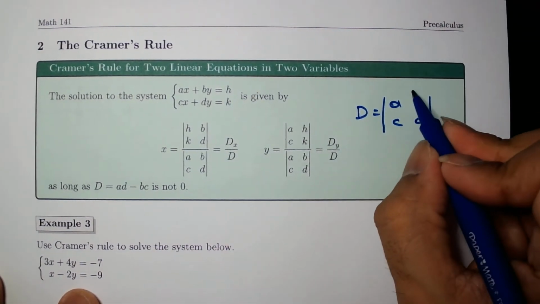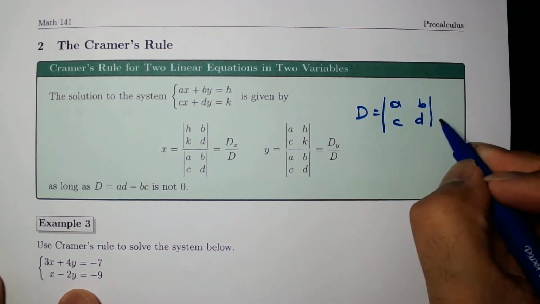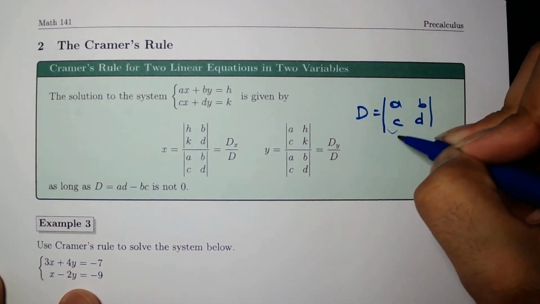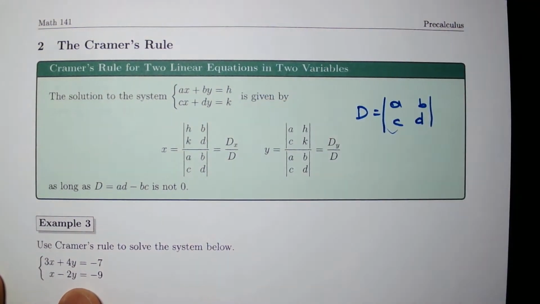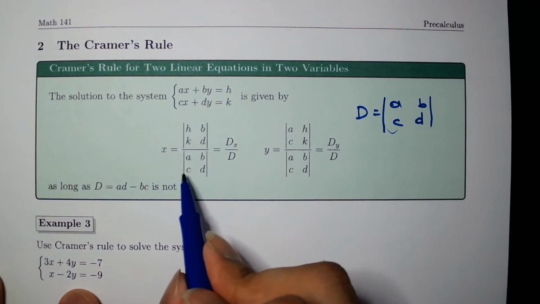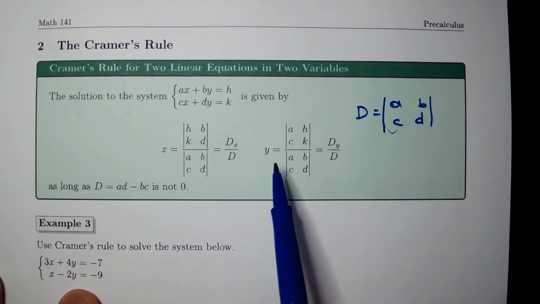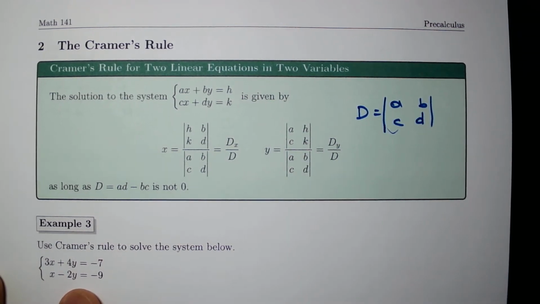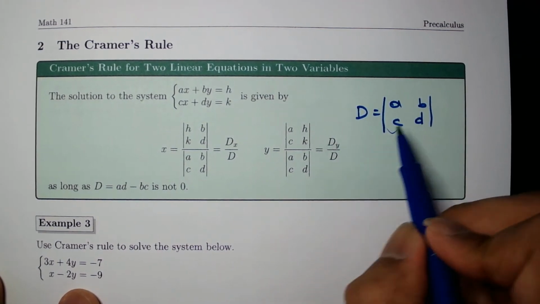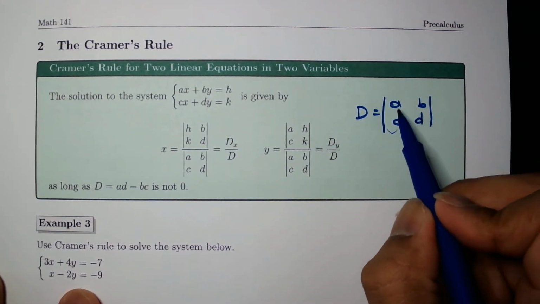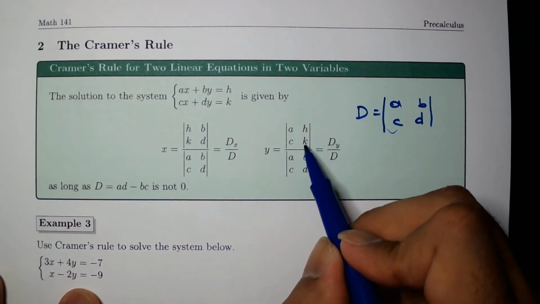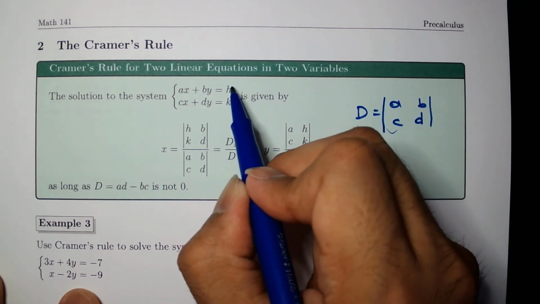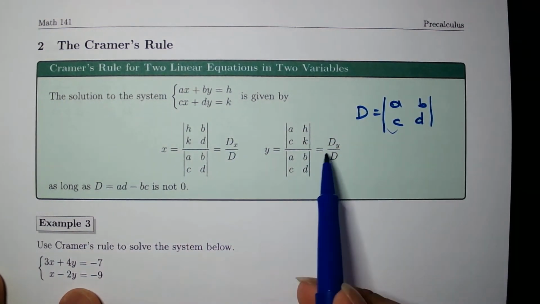We use basically the same D determinant, but we replace the elements in the first column with h and k, and then divide by D. To find y, we need dy, which is obtained by using the same D, keeping the same a and c, but replacing the y column, b and d, with the elements h and k, and then dividing by D.